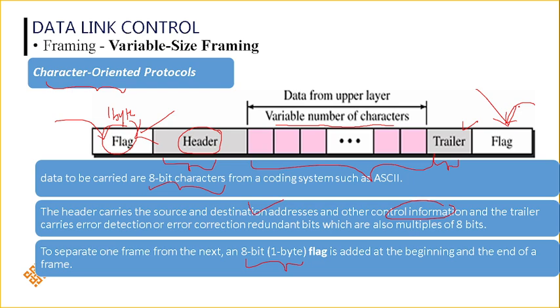But here the big problem is, think that you added one flag at the beginning, and the protocol will wait for the next flag that indicates the end of the frame.